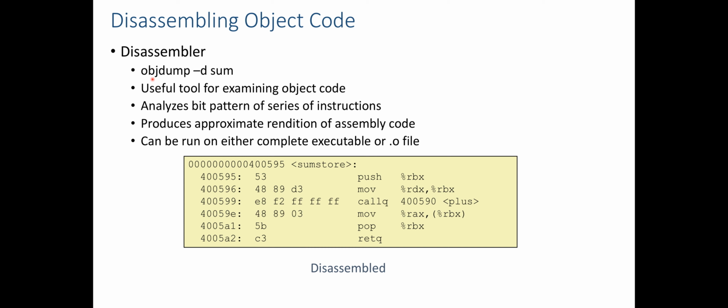That disassembler's name is objdump or object dump. You put in your executable, and it spits out something like this. This is only part of it for our sum program, but it shows this particular function, sum store. Here are its instructions again, and then here's the assembly that comes from it. So we call this a disassembled version of our code.